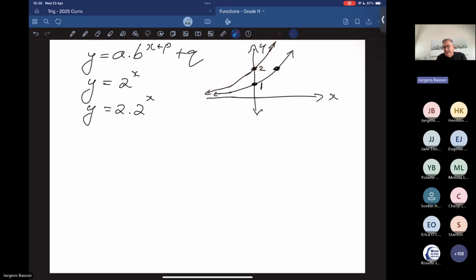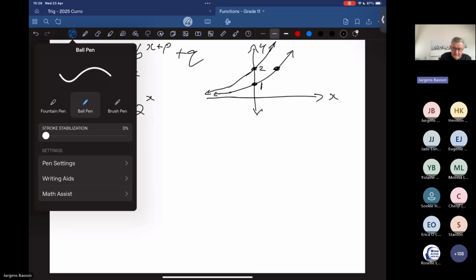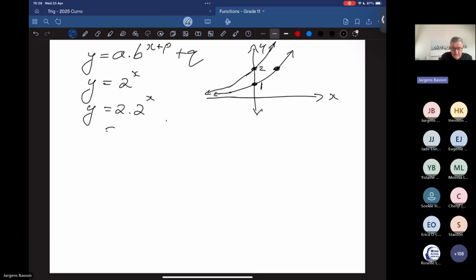Now, where do I get that from? It is this. You see that is 2 to the 1. And that gives you 2 to the x plus 1. Can you see that is a horizontal shift? And that is what is extremely interesting about the exponential function.